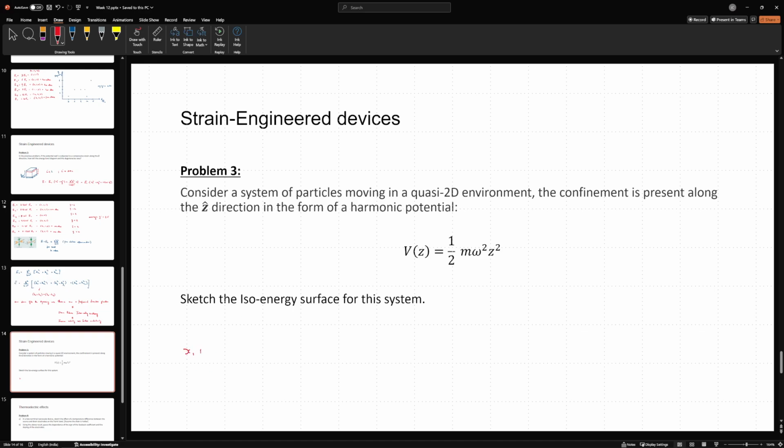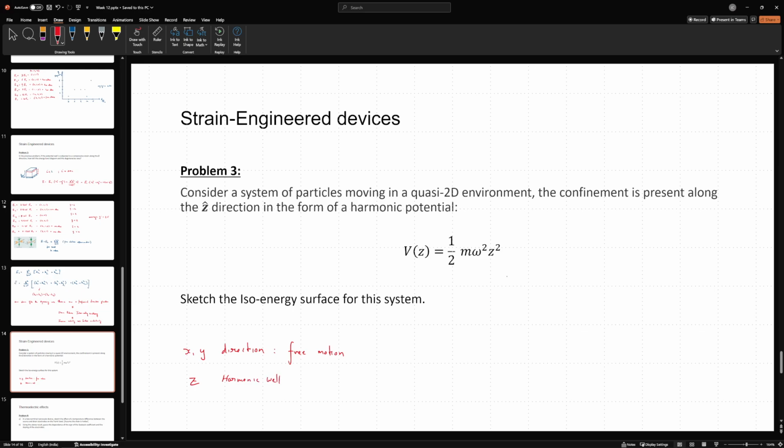So in the x, y directions I have free motion, and along the z direction, I have a harmonic well.